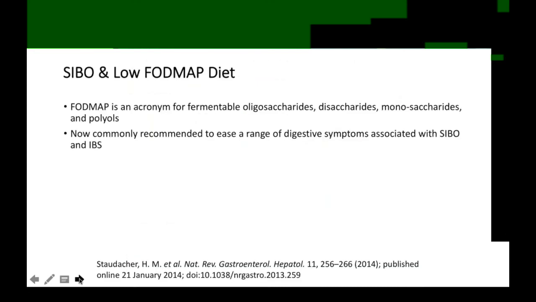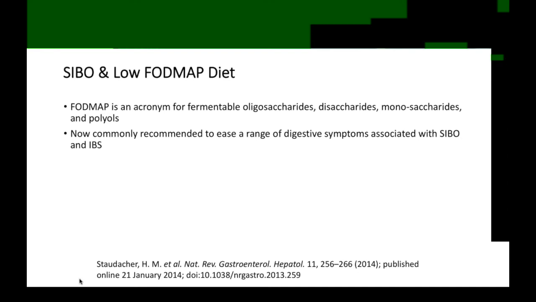Now, often from a gastroenterology point of view, if SIBO is suspected or has been confirmed, then the first dietary recommendation is often the low FODMAP diet. Now, it's not a solution for SIBO, and I do need to stress that. It's simply a way of avoiding fermentation as much, and therefore alleviating a lot of your symptoms while you work on the overgrowth.